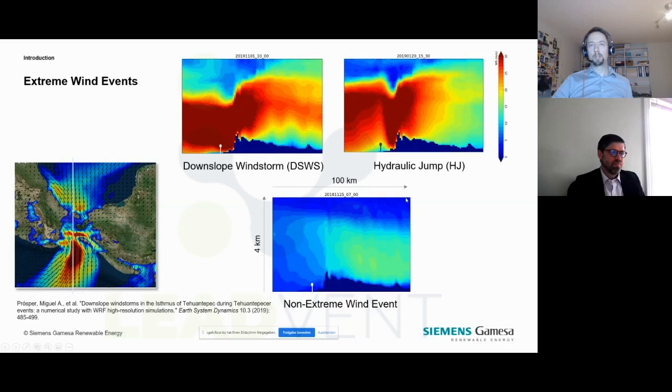And that is what you can see here at the right-hand side at the bottom picture. So this is some example of a normal situation. And also what you can see here is the dimension of the domain that is used. So here you can see that we are simulating and extracting from our simulations a height of 4 kilometers, and the horizontal distance is 100 kilometers.